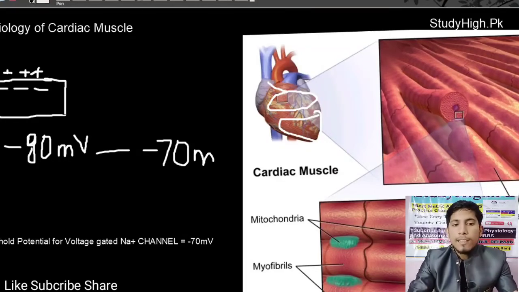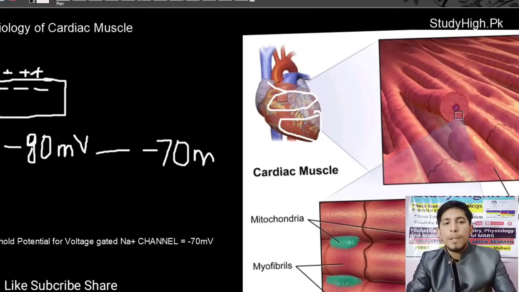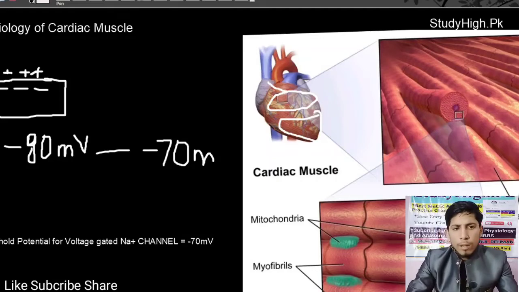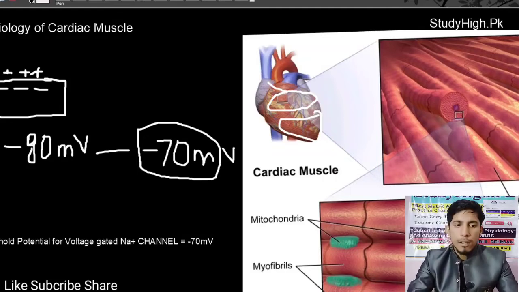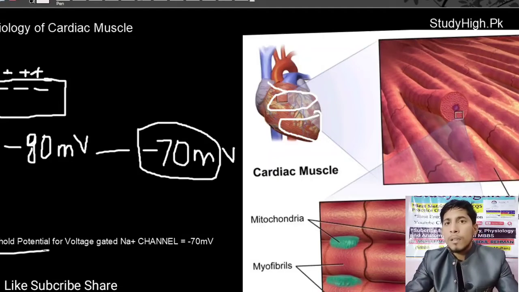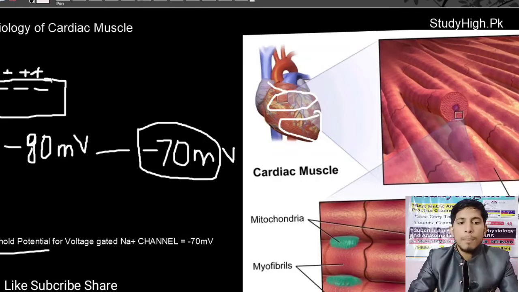You have to make the inside less negative as compared to the outside. So for generation of action potential, you have to make the inside less negative, to at least minus 70 millivolt, because minus 70 millivolt is the threshold potential for opening of the voltage gated sodium channels that are present in the cell membrane.